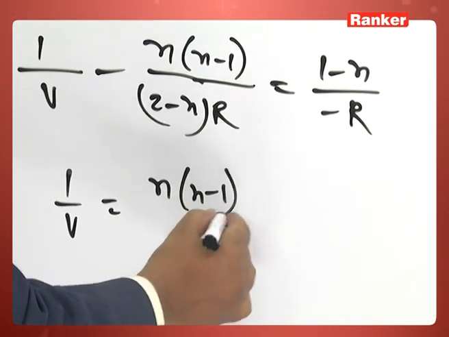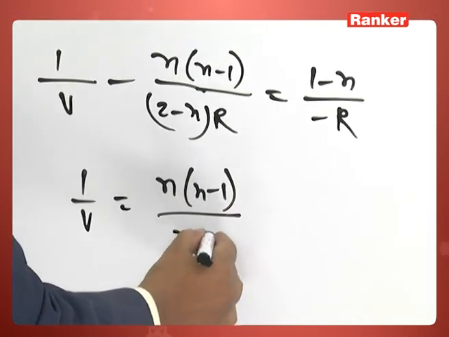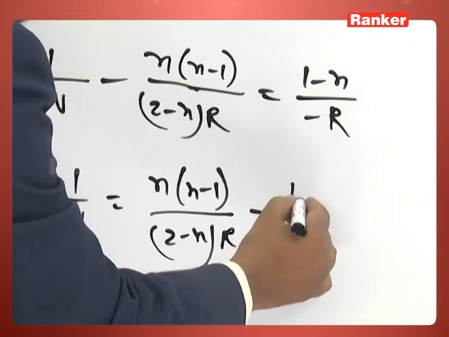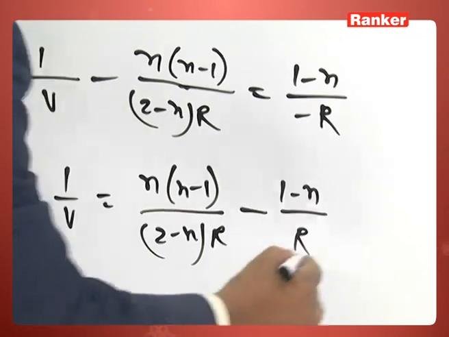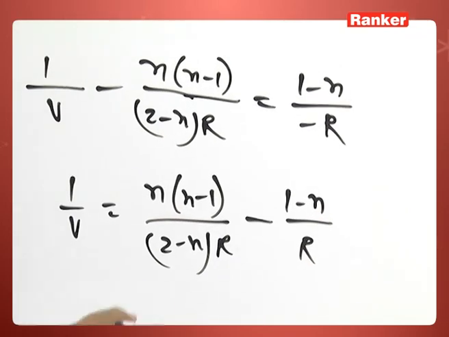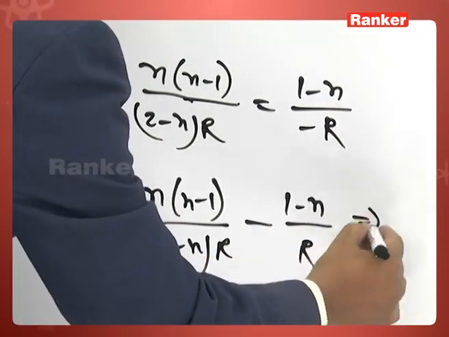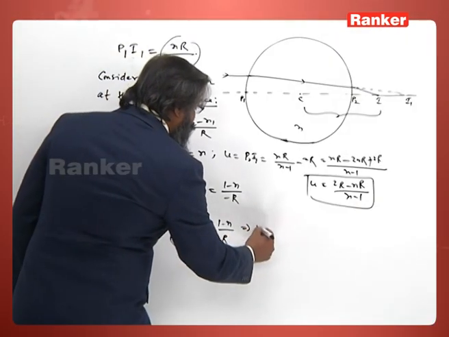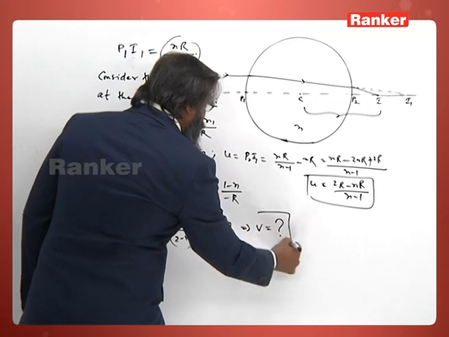So we have now 1 by v as n into n minus 1 by 2 minus nR minus 1 minus n by R.